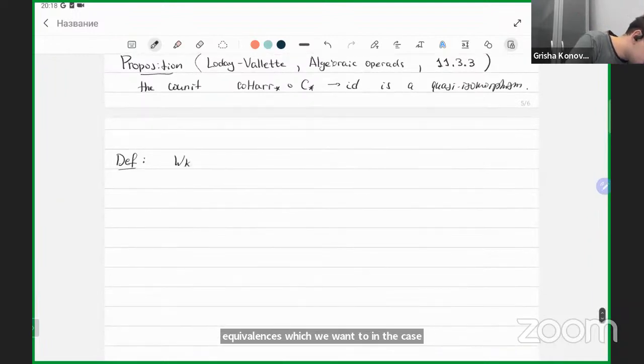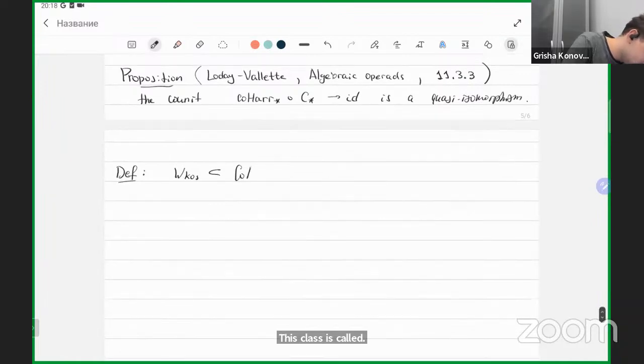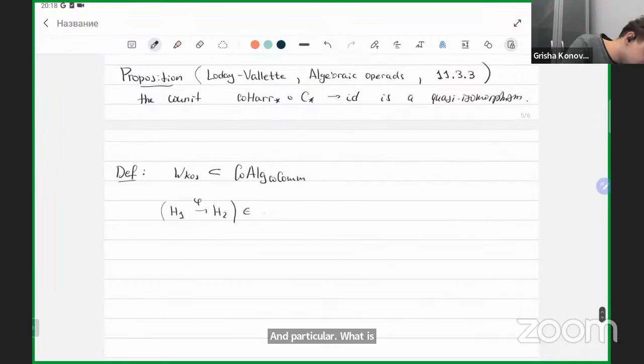This class is called W Kazui, and it is a class of morphisms in the category of quasi-nilpotent co-commutative coalgebras. A morphism between coalgebras belongs to this class if and only if, when we apply cohar to it, it becomes a quasi-isomorphism.